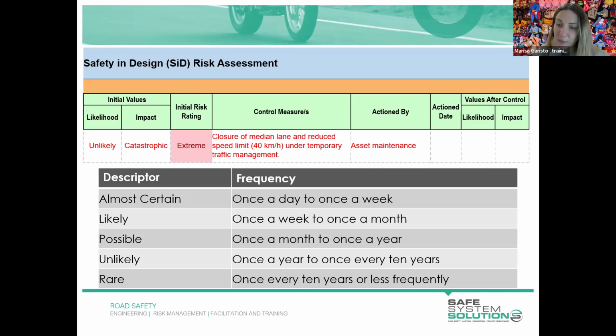I selected likely and moderate, which also results in an extreme risk. How can both extreme risks be differentiated? Yeah, it's a good question. I think that deserves a prize. Yes. Clearly, there are different levels of risk in those bands, and to an extent, those risk matrices are somewhat subjective.